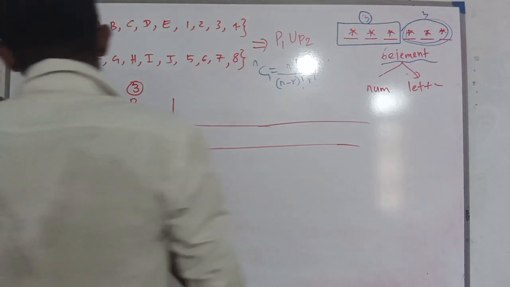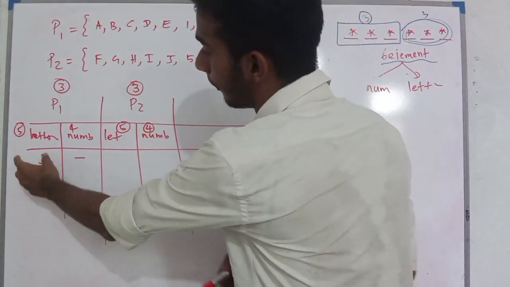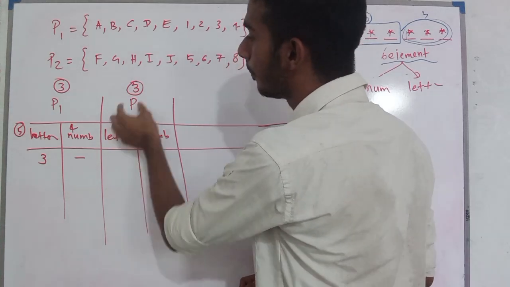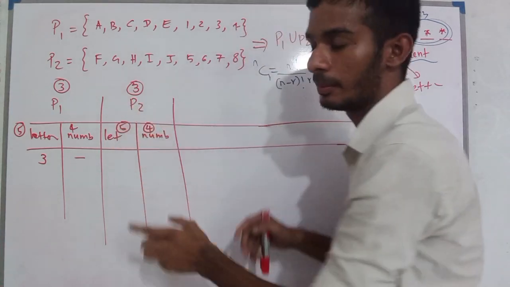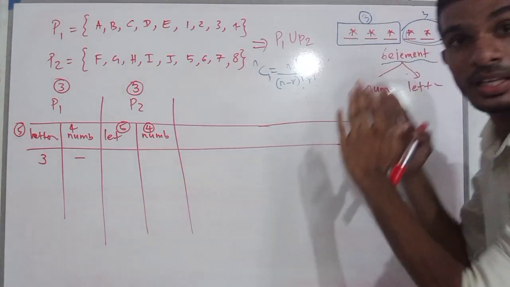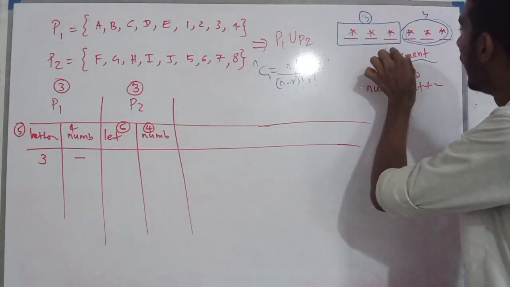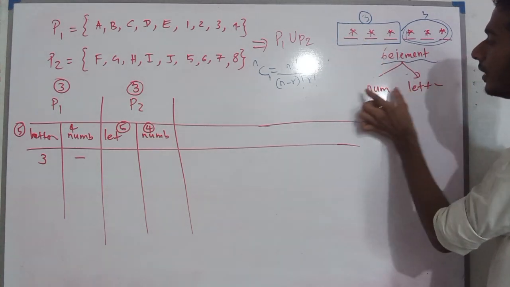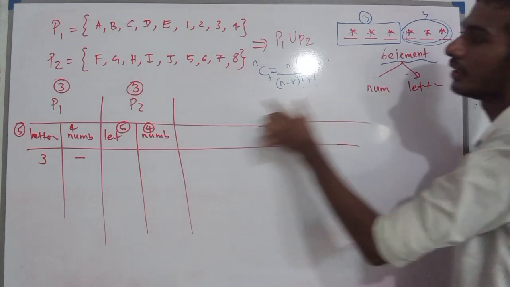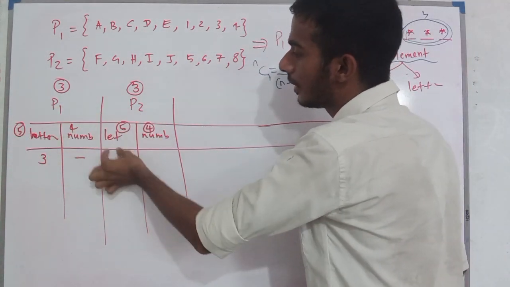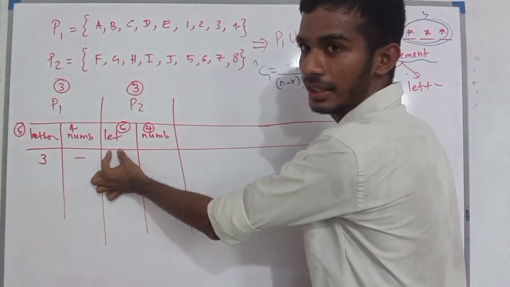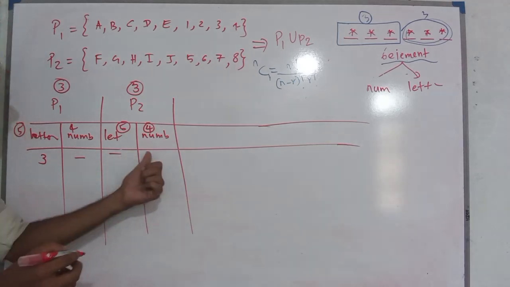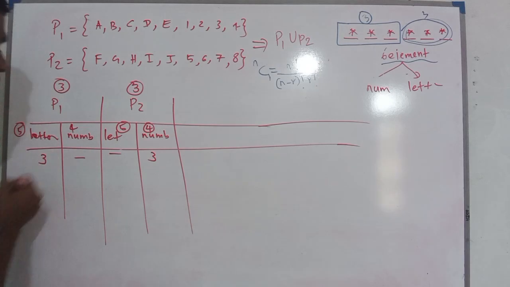After we have selected three letters from P1, we cannot give chances to letters in P2 to enter into the password, because the password initially, they told us, should contain three numbers and three letters. So we have given the chances for letters in P1. So the letters in P2 will not get any chances. We cannot select any letter from P2, but we can select numbers from here, 3. Right?